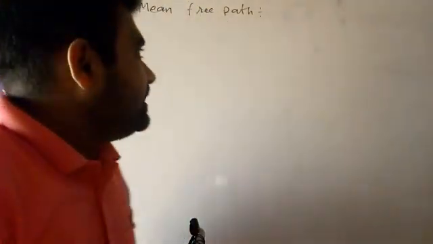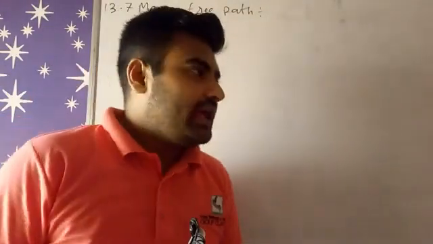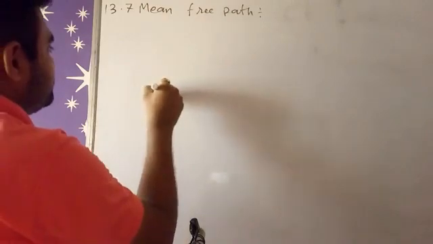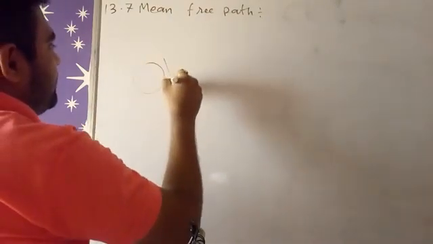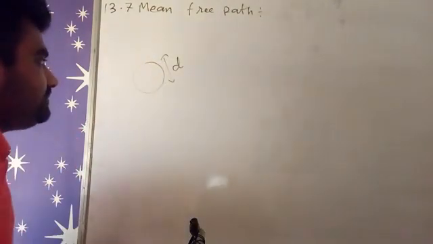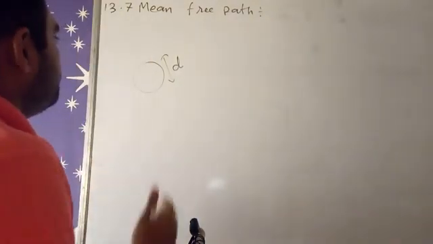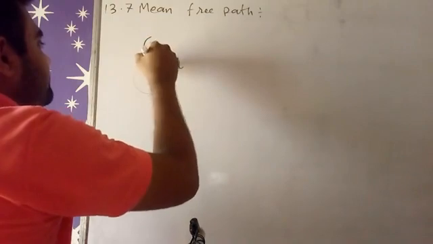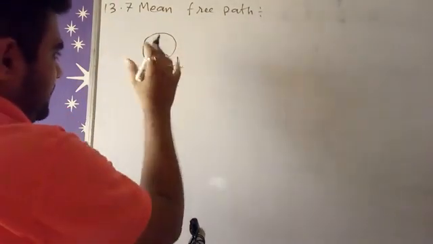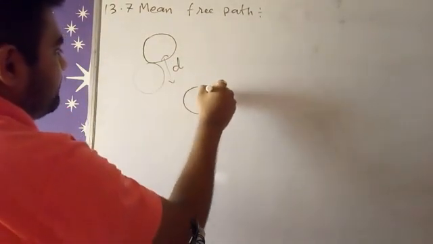So in today's topic, mean free path, we have atoms of diameter d. If they are about to collide, for example, here we have one atom, and here we also have one atom.